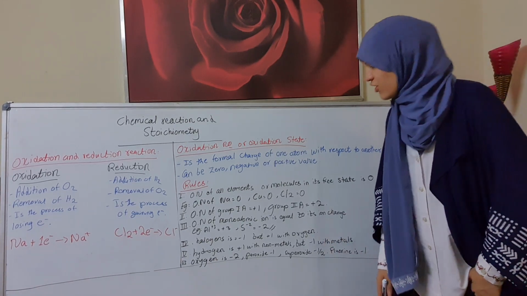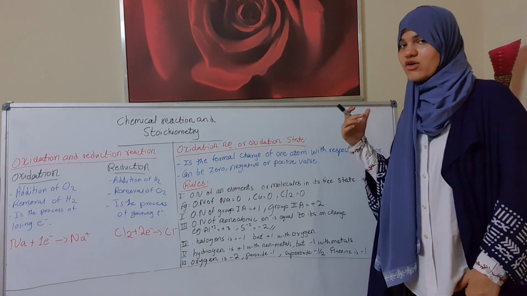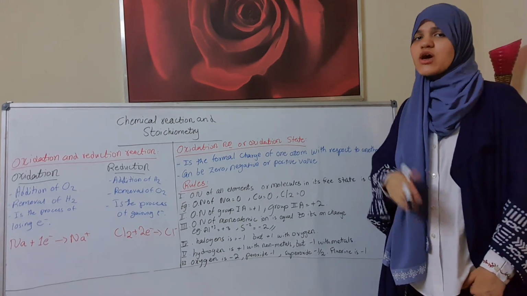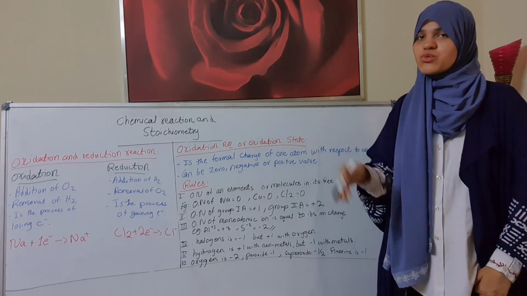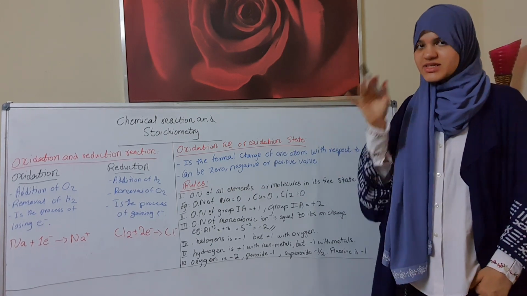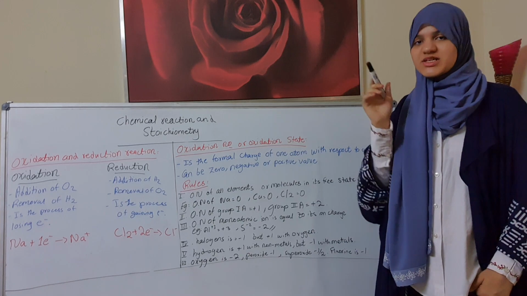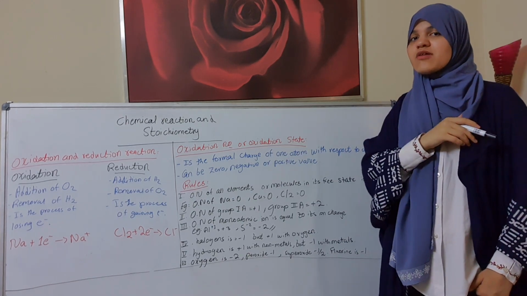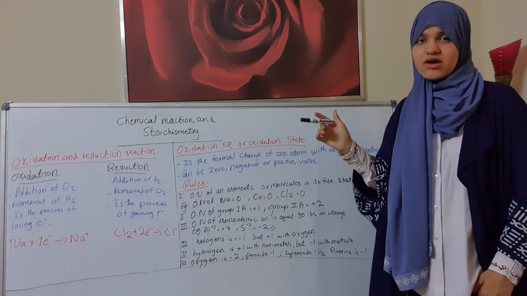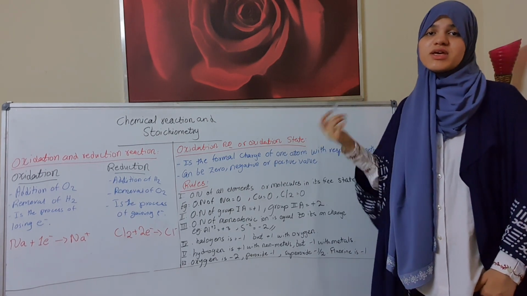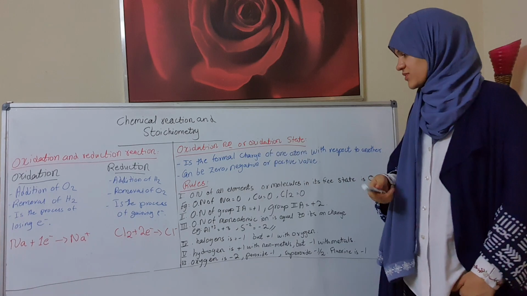Now, the oxidation number of group 1A is always positive 1, and group 2A is always positive 2. All the elements inside group 1A are plus 1, but in group 2A, all elements inside will be plus 2.